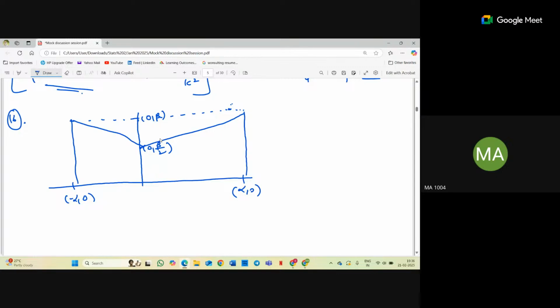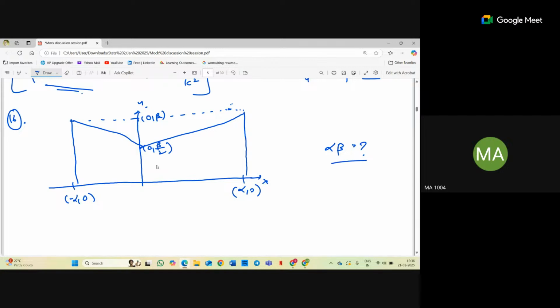So this is the figure, right? So 0 comma beta by 2, and this is the x. Now we have to find out alpha beta equals to what. We have to find out this value.